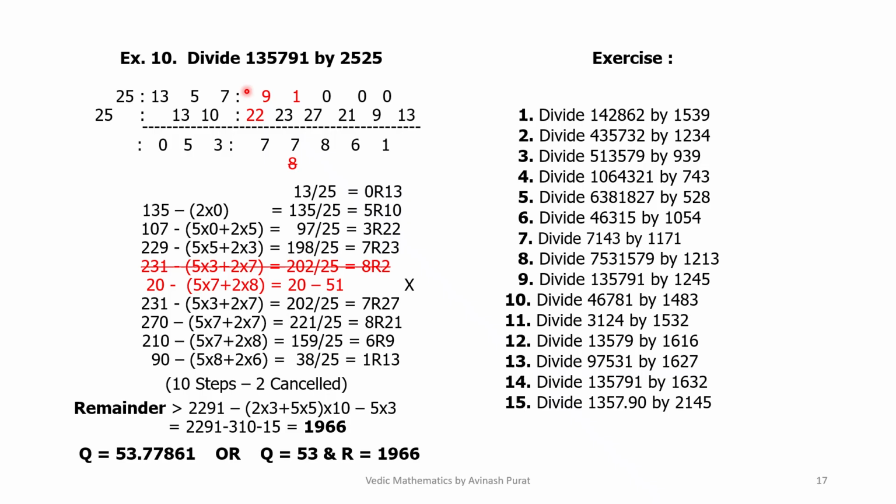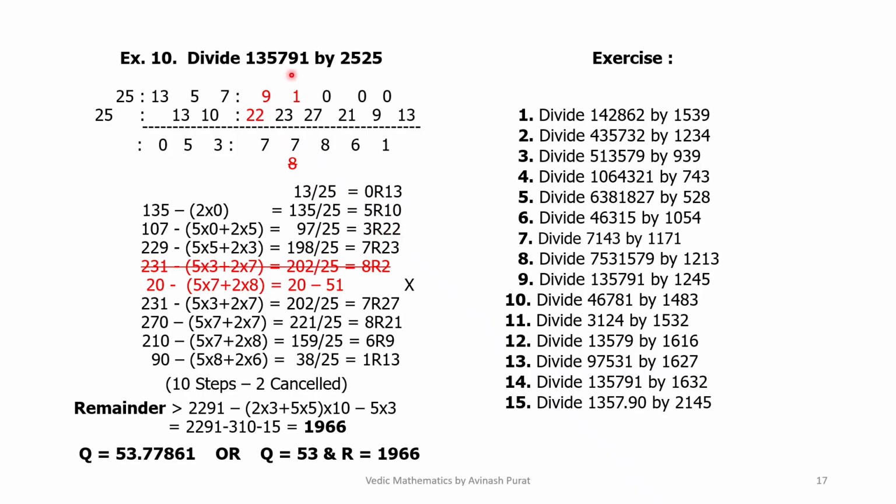Now 107 minus 5 into 0 plus 2 into 5, that is 10 is deducted from 107, gives 97 divided by 25. So we get 3 as quotient and remainder is 22.